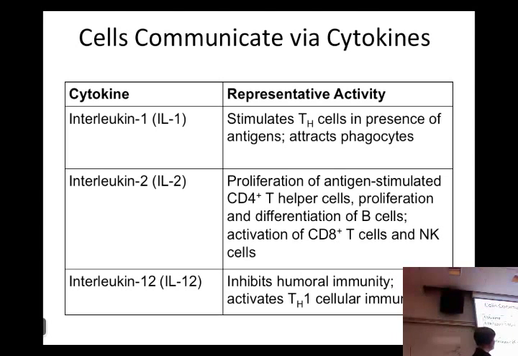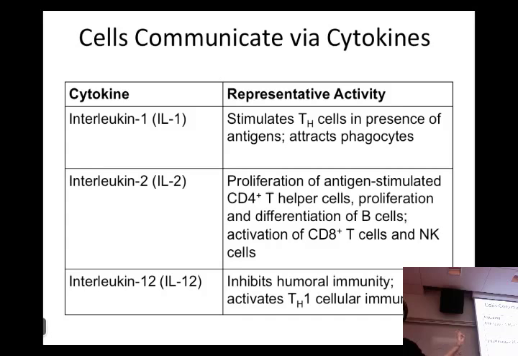Interleukin-2 is another cytokine, and it is important in telling T helper cells that have recognized their antigen to proliferate, that is, go through cell division, make more of them. It also helps B cells to differentiate. It also is important in activation of the CD8 positive T cells, which are what type?